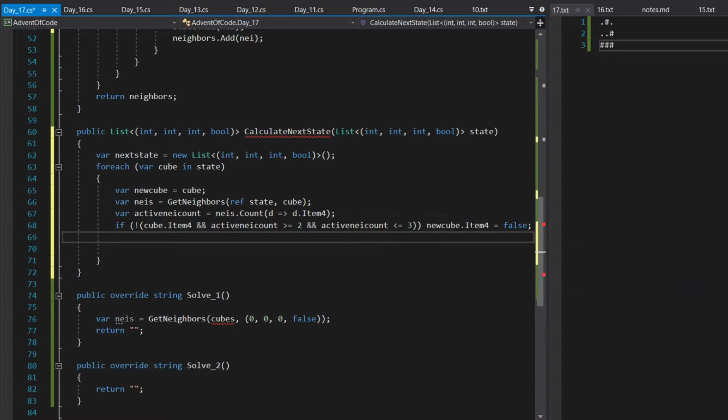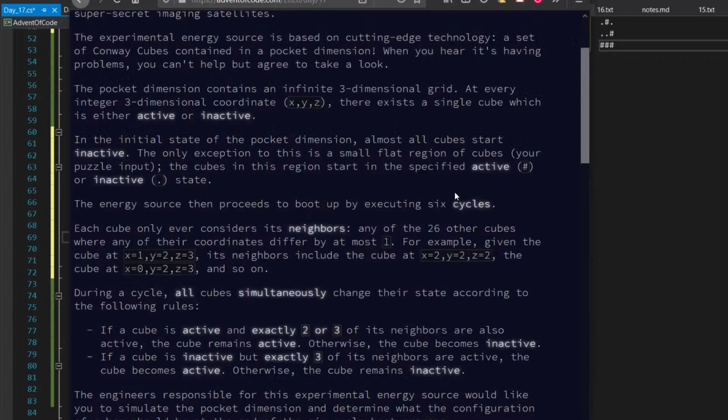Else. If the cube is inactive, but exactly 3 of its neighbors are active, the cube becomes active.